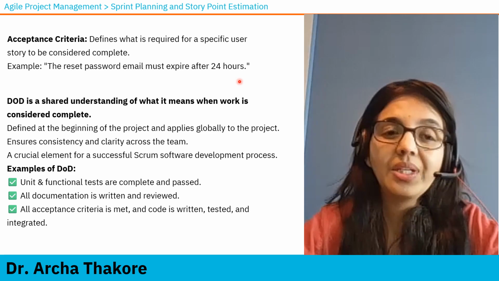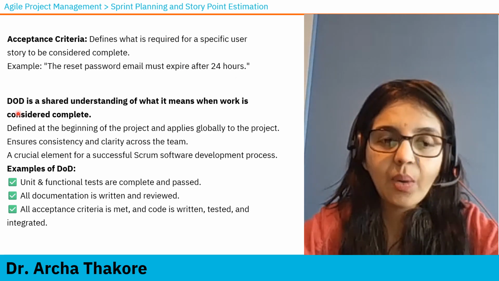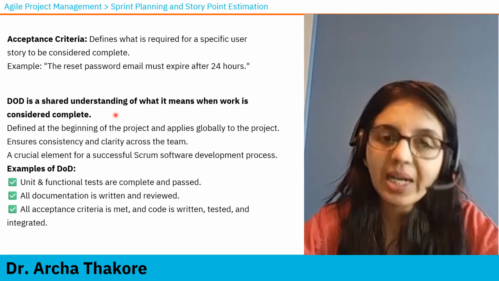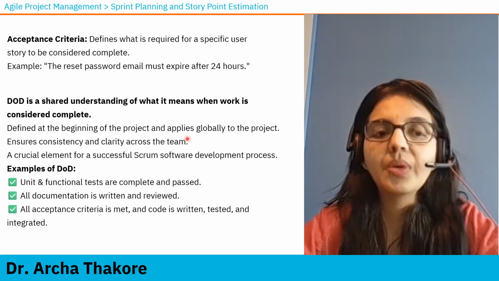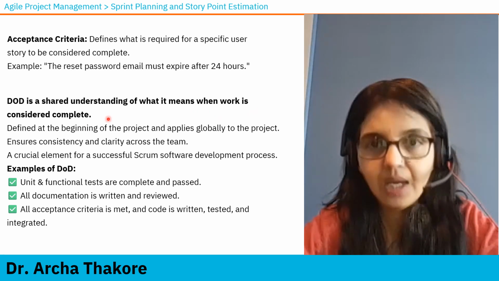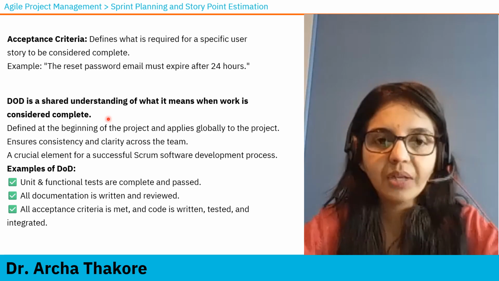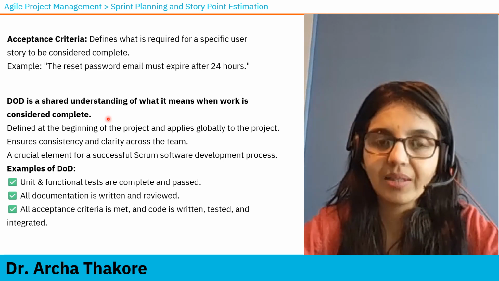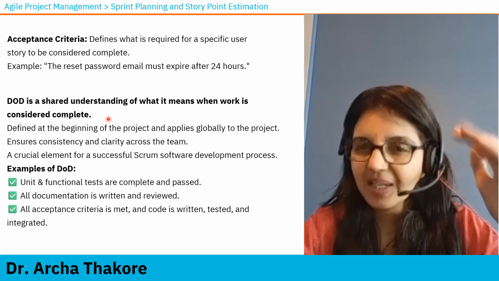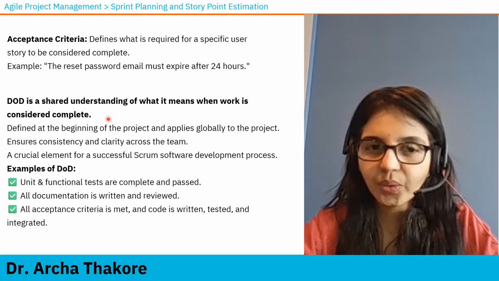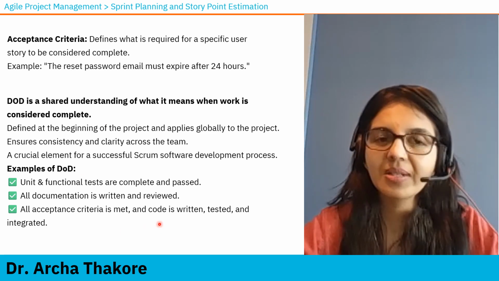Now there is something called definition of done, DoD. DoD is a shared understanding of what it means when work is considered complete. When the sprint is over, the team will go into the sprint review and they will say that the work is done. Before saying that, there is a checklist that they will go through to make sure that the work is really done.